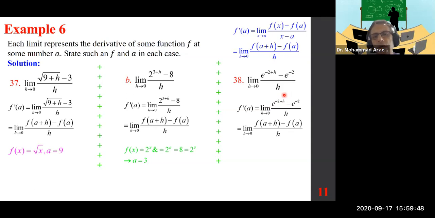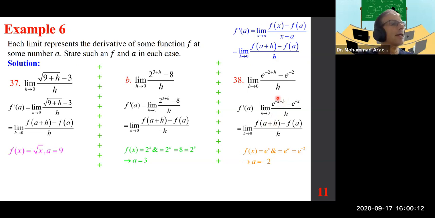So I hope it's clear. So you're looking at e to the power of x as the function. And this is e to the power of negative 2, that works. This is a plus h. This is minus 2 plus h.